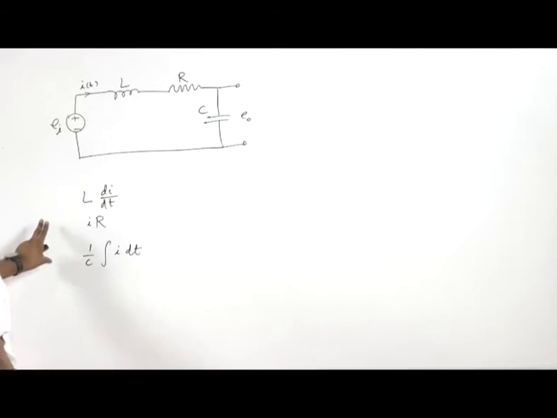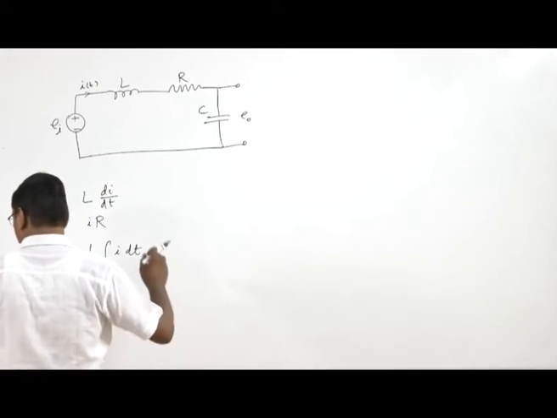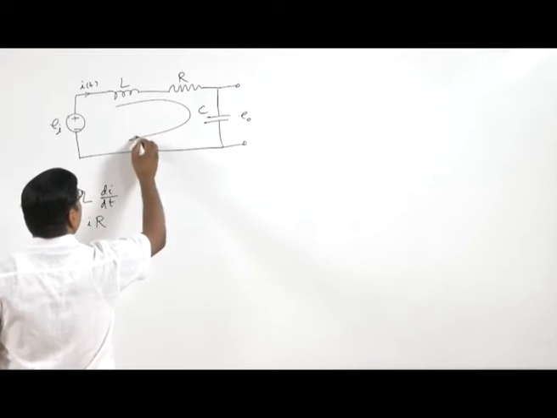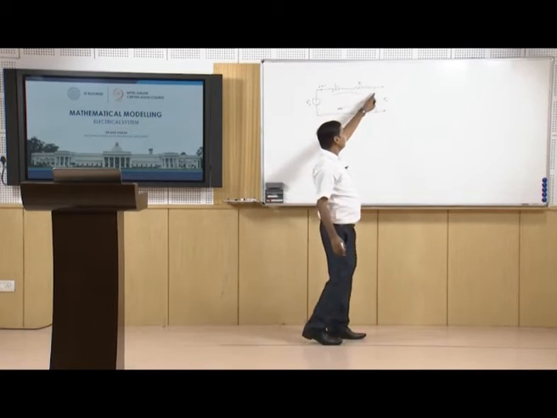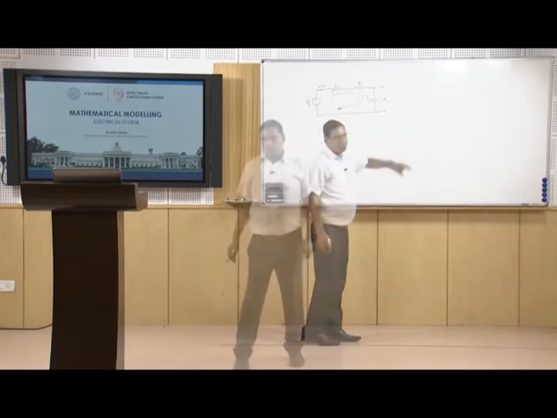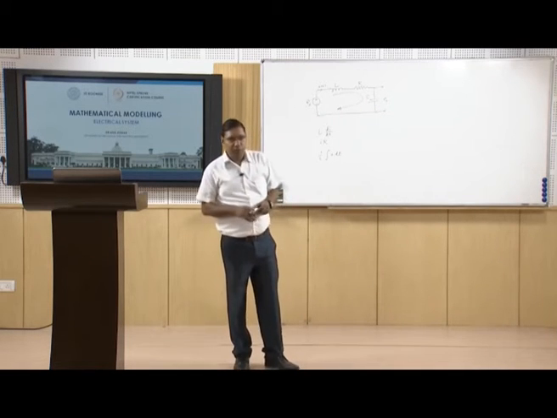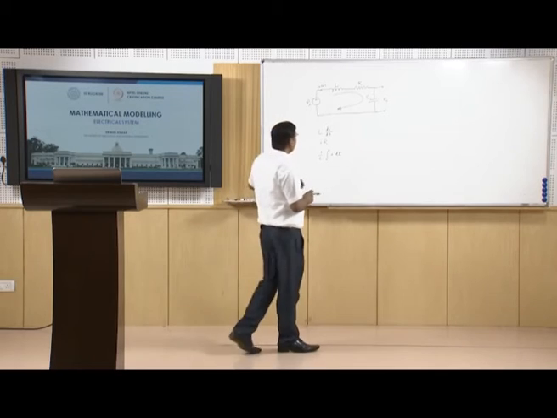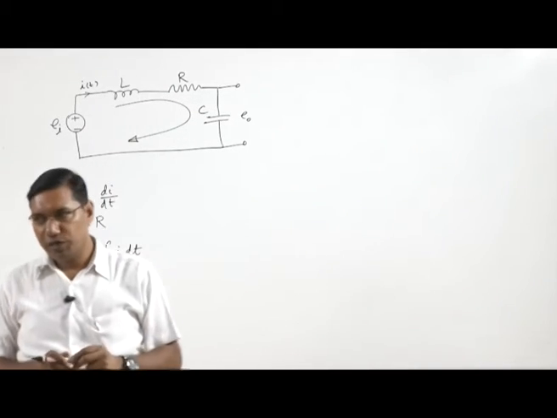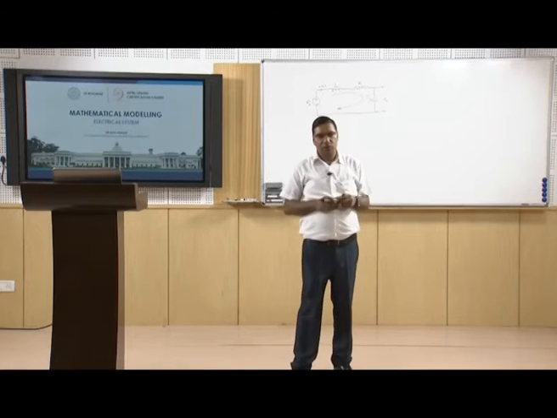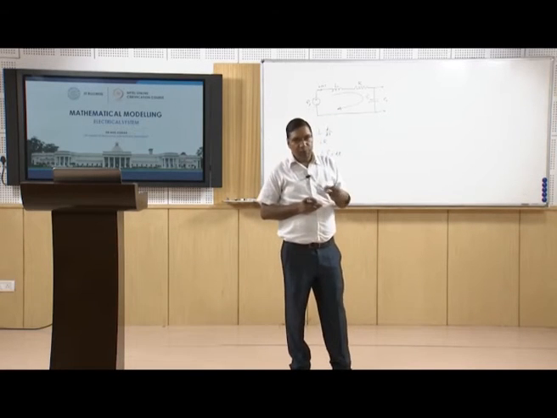So let's traverse this. Because this current i is flowing through this loop, there is no diversion of this current. The same current is flowing through the loop, so we don't need to apply the node law, but we apply the voltage law.